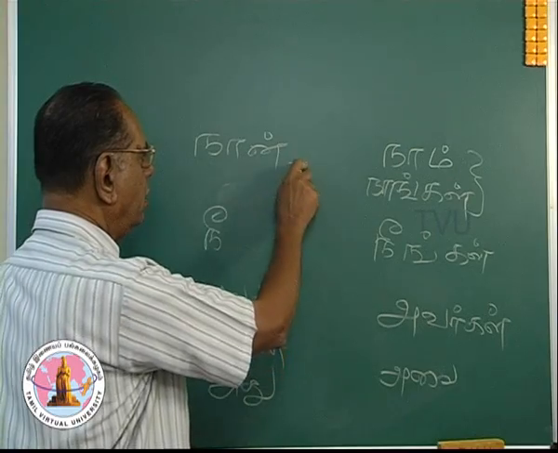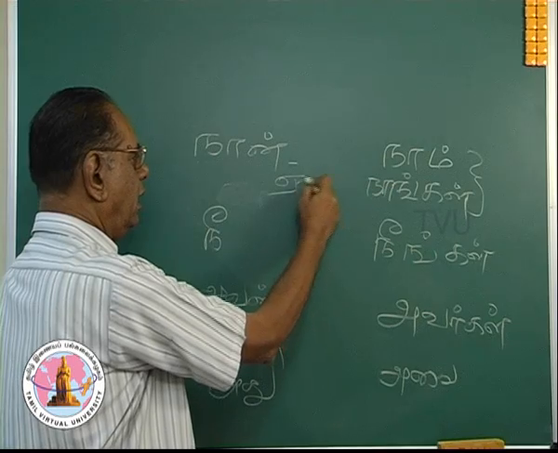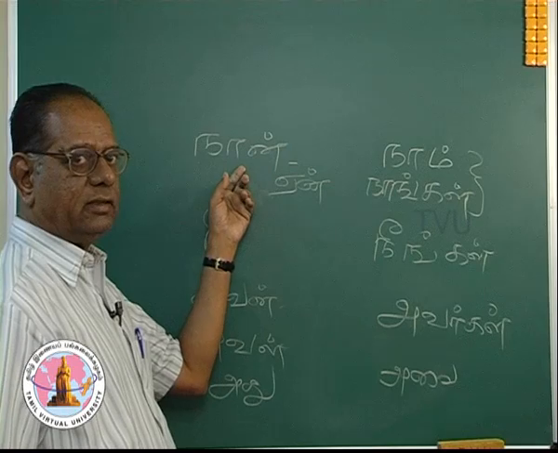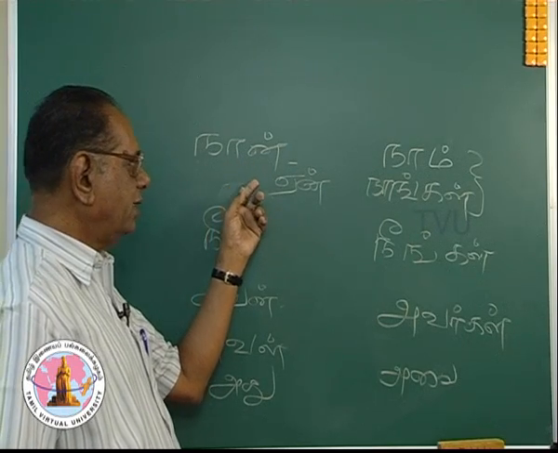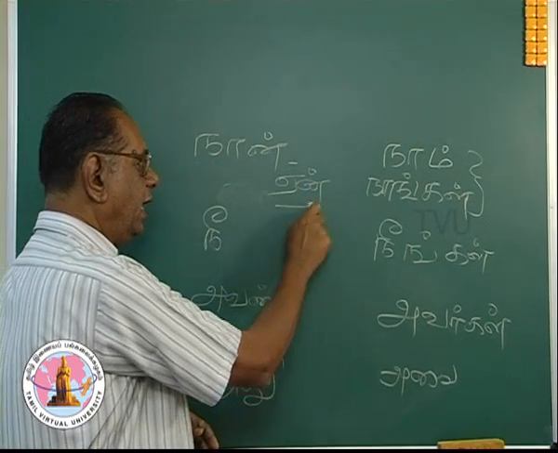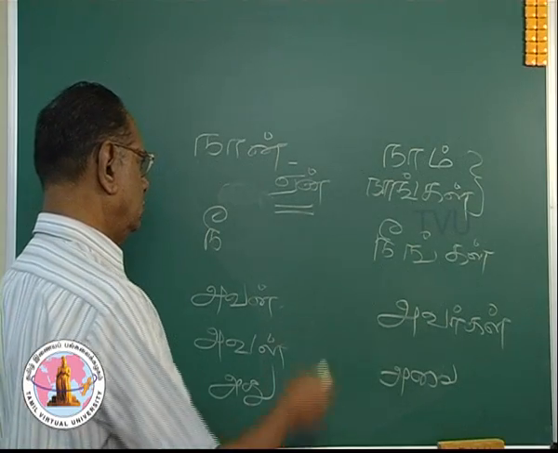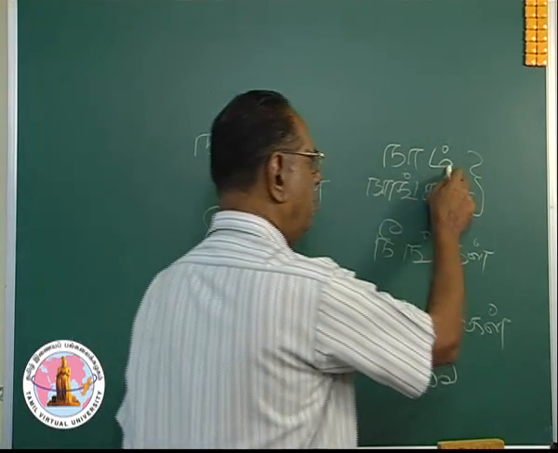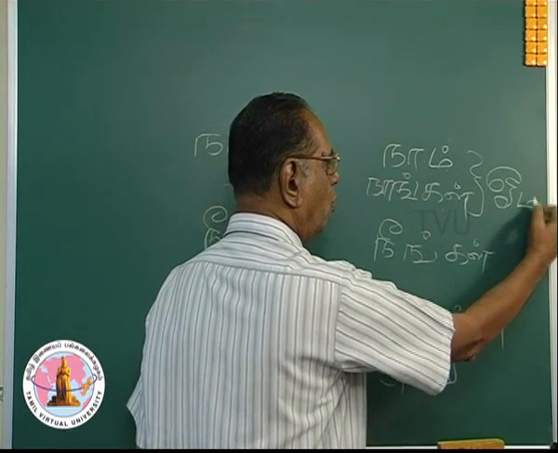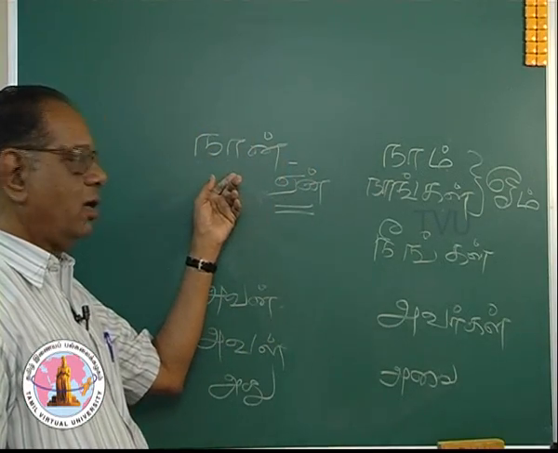For naan, first person singular, the personal suffix for the verb will be ஏன். For naam and naangal, it will be ஓம். For naan, it is ஏன்.